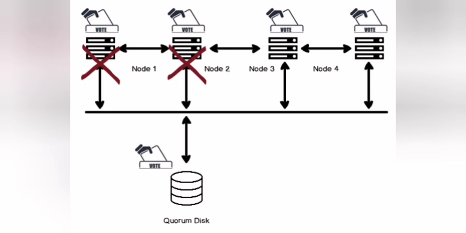Then if one of them fails, which one of the other nodes will the resources move to? Here the other nodes will do a voting, and here is where the quorum or the witness comes along. It will go within the voting procedure to speed up this procedure and help decide which node the resources will move to.